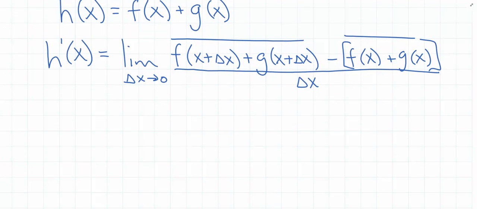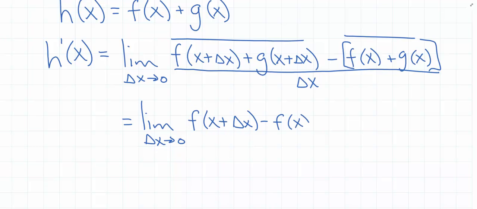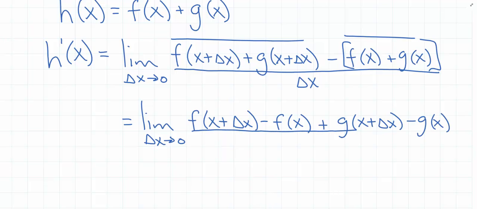Now, I can do some regrouping. If I do some regrouping, notice I can get f of x plus delta x minus f of x plus g of x plus delta x minus g of x, all over delta x. There's what we have.